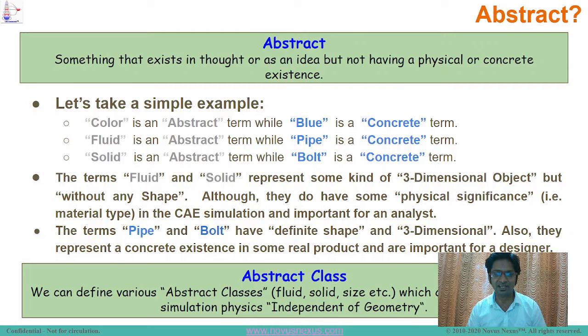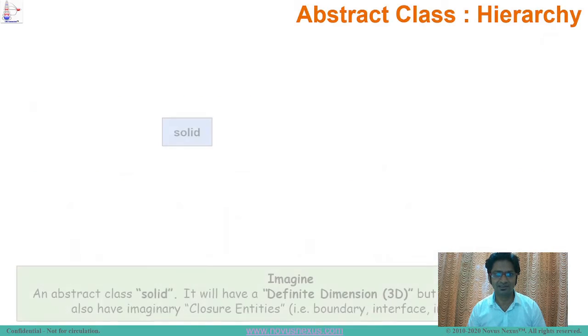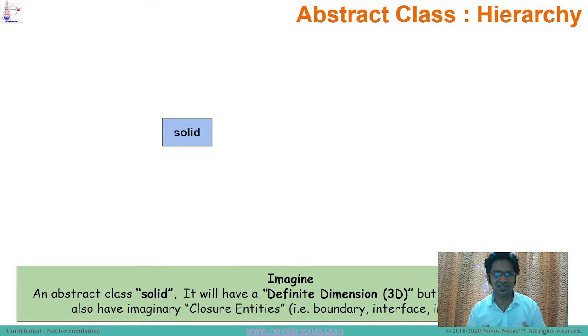Let's see some more details about the abstract class. When I say solid class, it only helps me visualize a three-dimensional object, but it does not help me visualize how exactly it looks. So abstract classes are entities which have some definite dimensions like 3D, 2D, 1D or 0D, but do not have any specific shape.